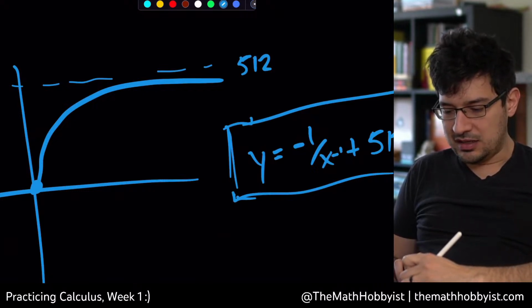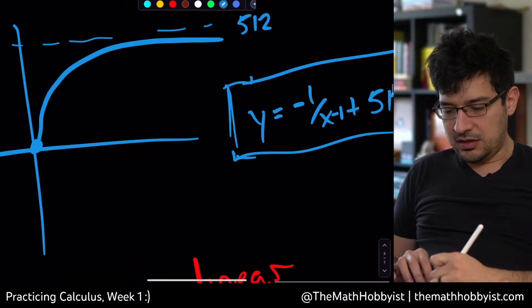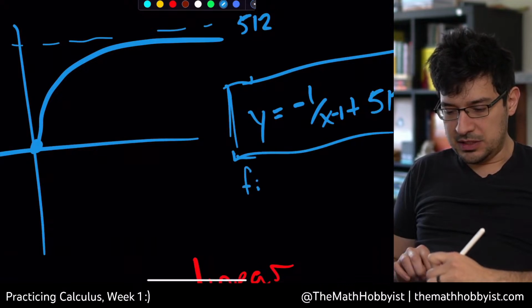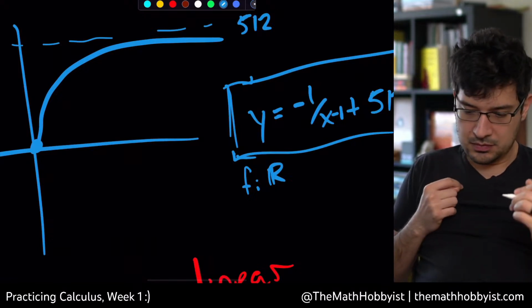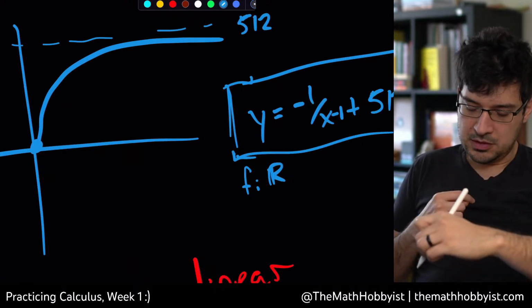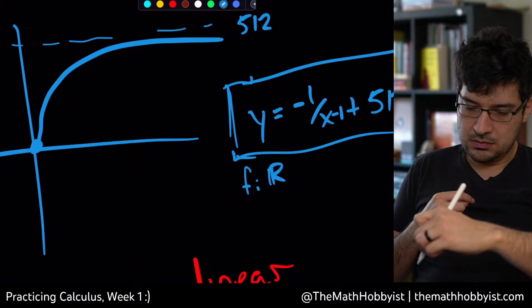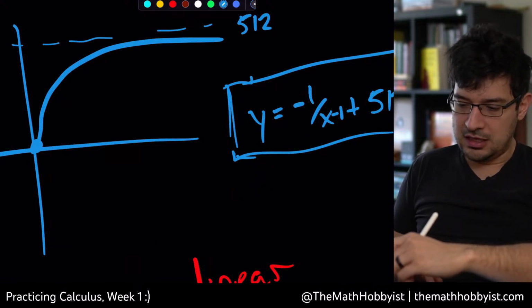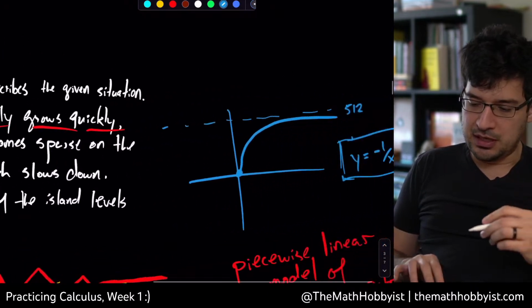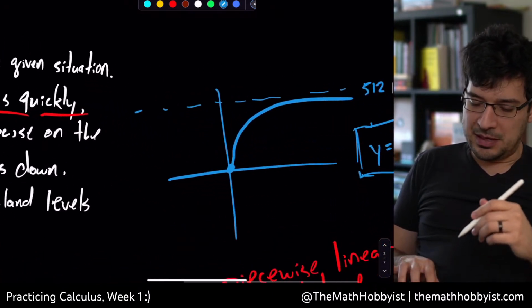That would be insane. And our function is going to be defined at... oh, wait, I have no idea. I'm confusing myself. That's not the right equation. That was my secondary equation.